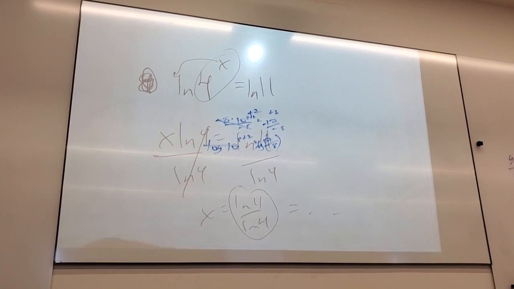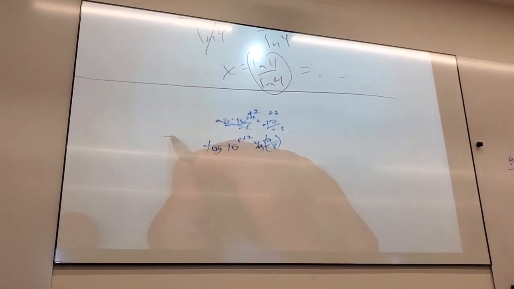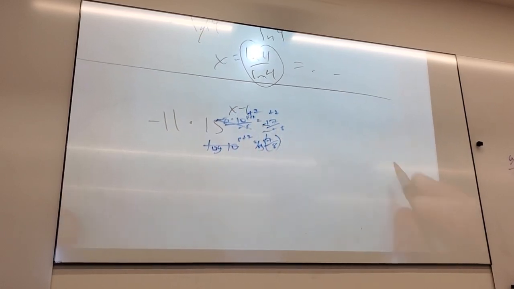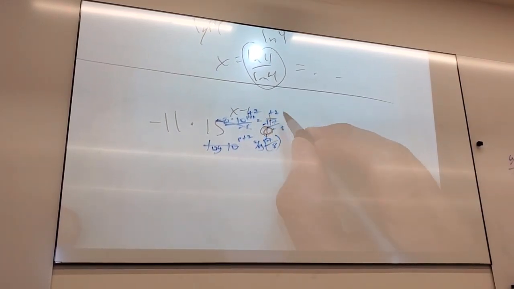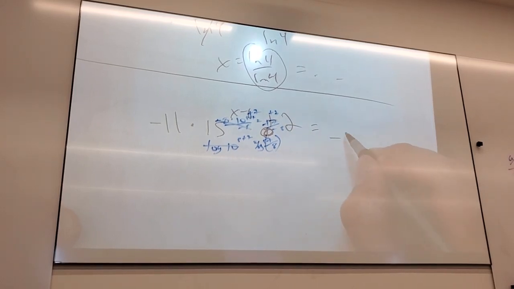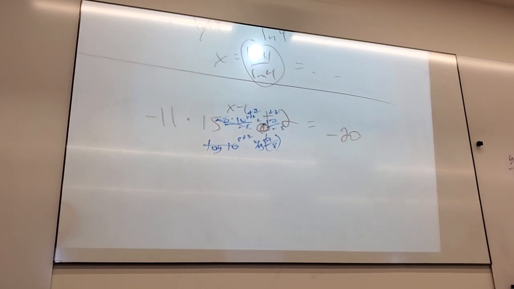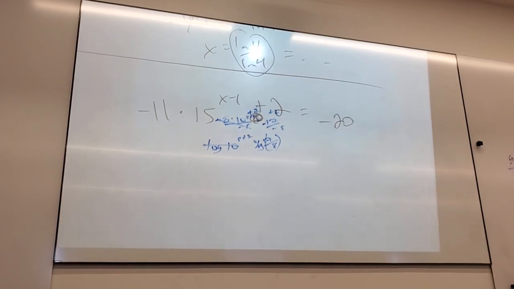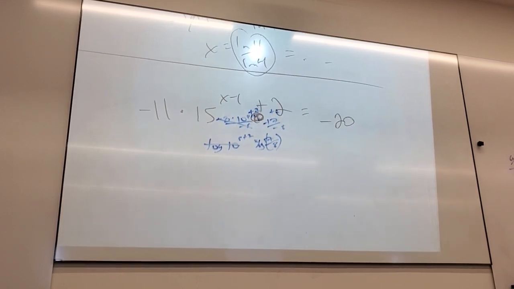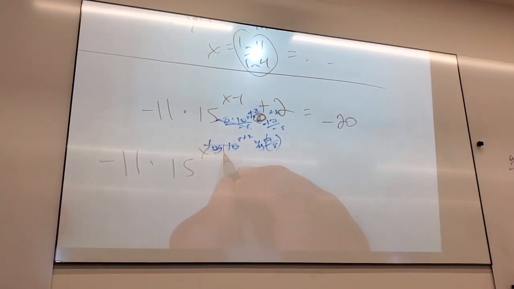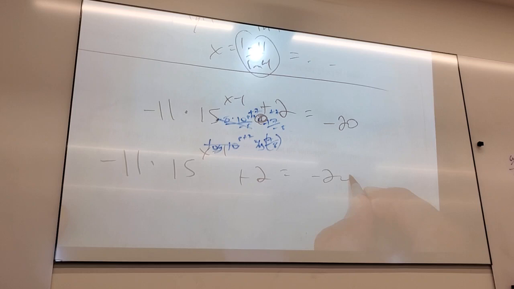So a problem like, say, negative 11 times 15 to the x minus 1 plus 2 equals negative 20.